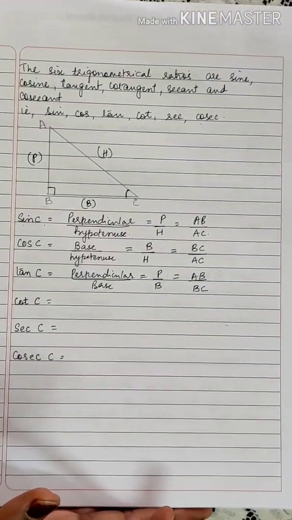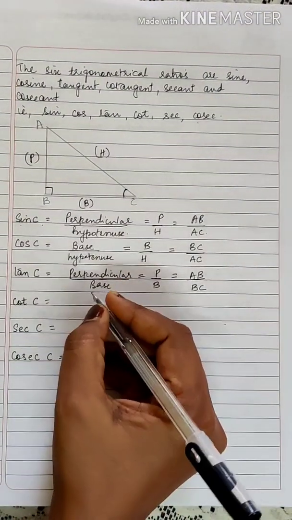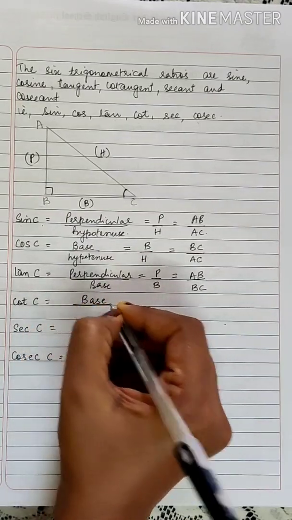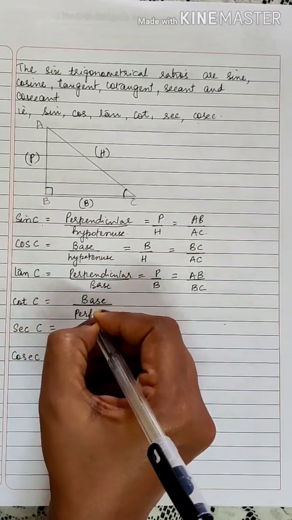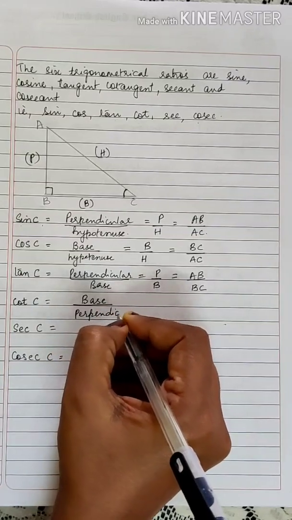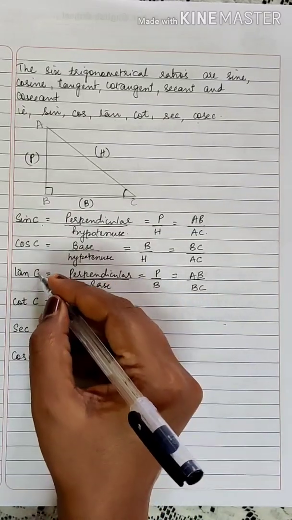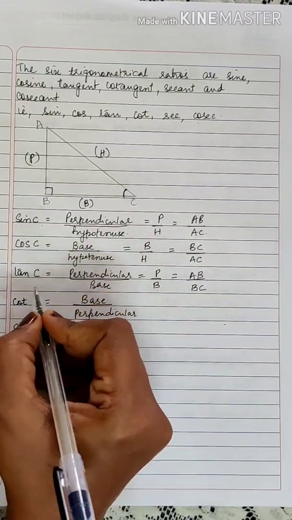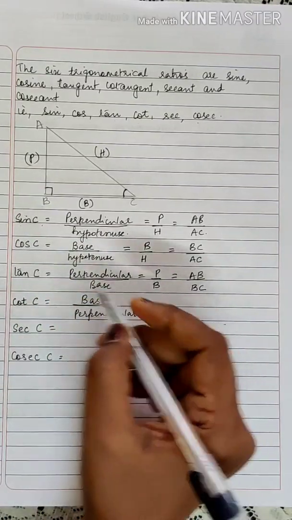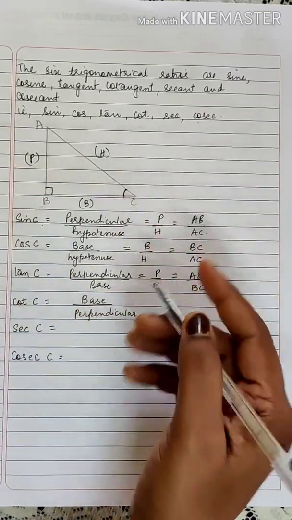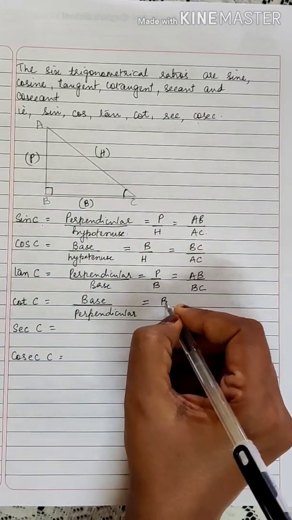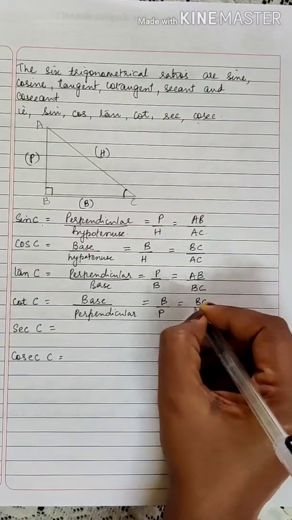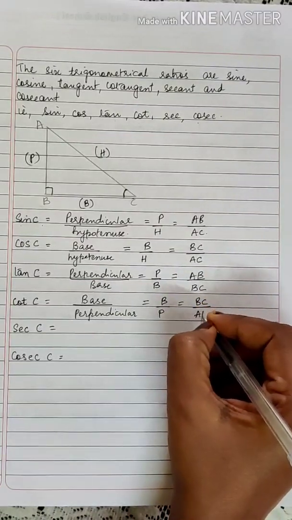Now, cot C. Cot C is defined as base by perpendicular. Actually, tan C and cot C are reciprocal of each other. Tan C is perpendicular by base, cot C is base by perpendicular. So, this will become BC by AB.